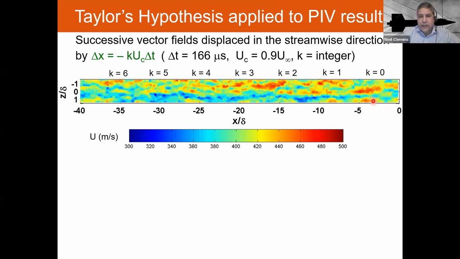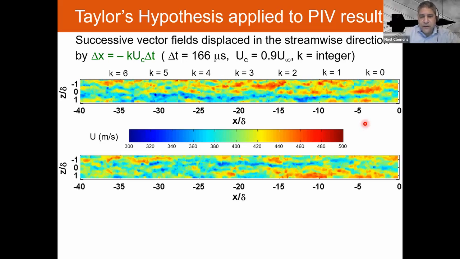The size is about 40 delta, and if you think of it as a wavelength, it's half of that, and maybe it's actually 80 delta. So it did seem like there might be something to this: low frequency motions that could lead to this very long duration shock unsteadiness.